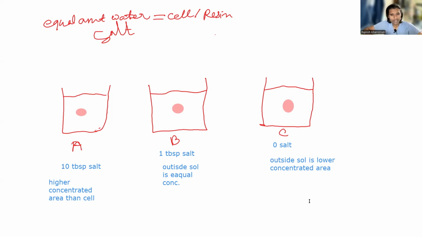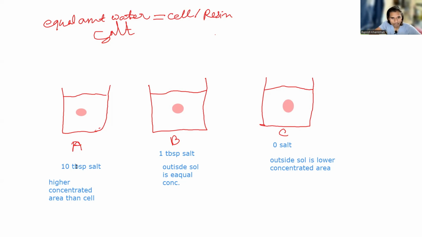Then we add one grape in each glass. The grape already has sugar inside, which is a concentrated area, and it is equal in all 3 grapes. Now I have to compare the cell, meaning the grape, and its outside solution.